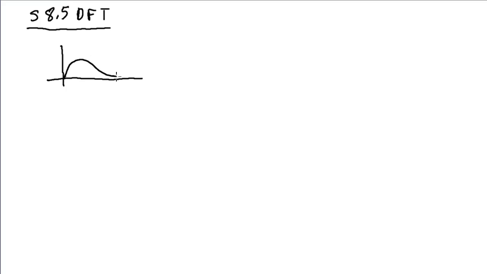Okay, so let's say I have an x of t that is time limited, has a duration of tau, and then the corresponding Fourier transform of this I'll represent like this.